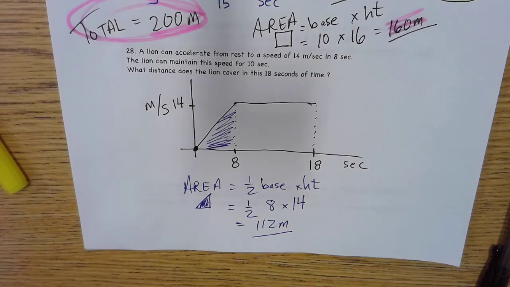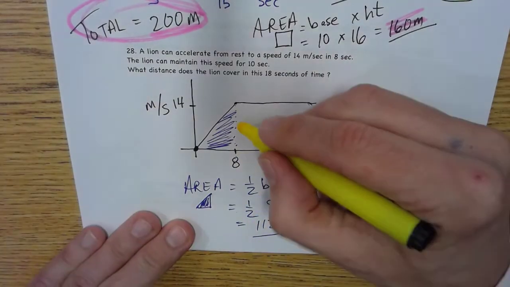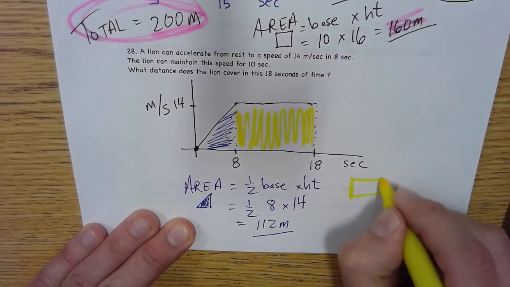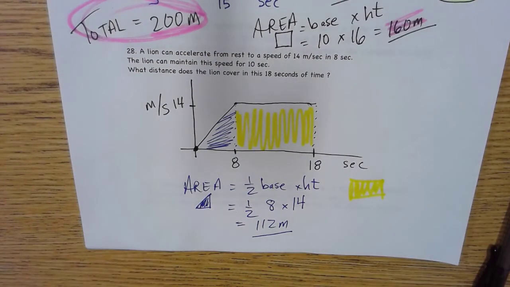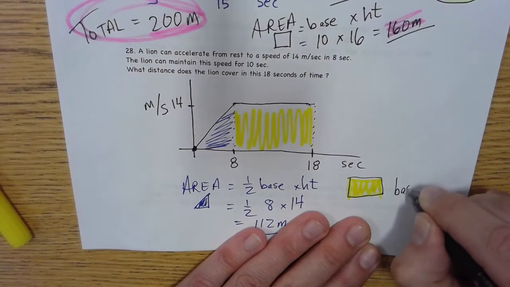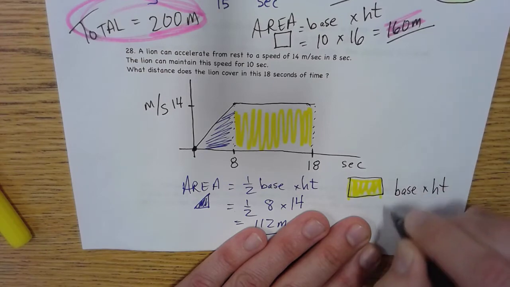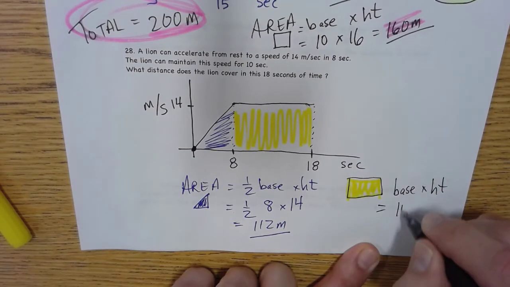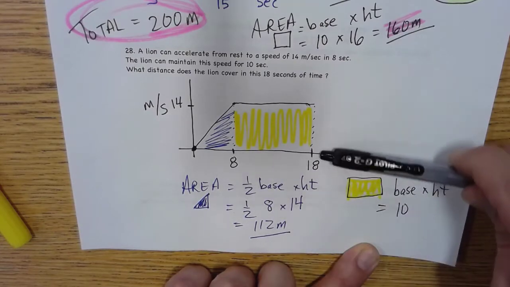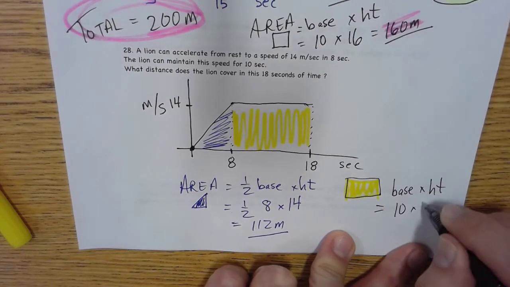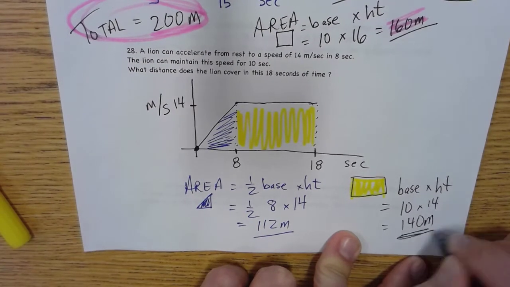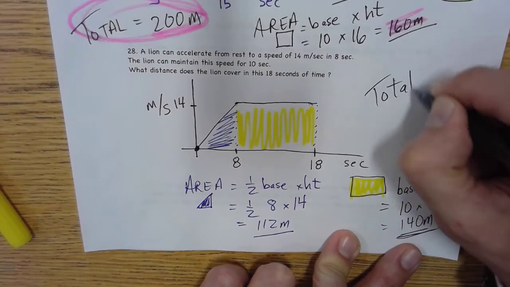Remember, they still have to run. Second piece here. Find the area of that. That's base times height. 10. Just take notice, there's only 10 seconds difference along the base. Still gets up to that same 14. All right, so totals.